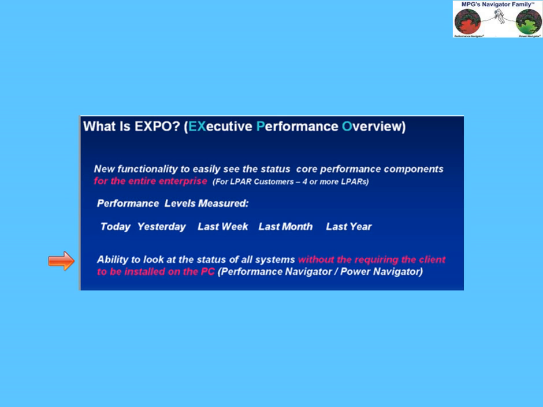It's the ability to look at all your systems on your enterprise without requiring the client. Now let me say that again. You can have managers, senior VPs, anybody access this important performance data without having Performance Navigator on their PC.